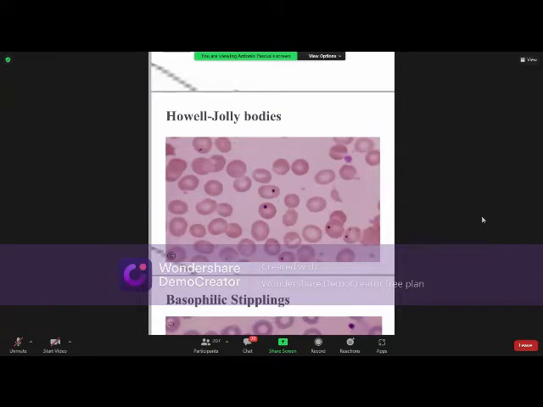Sizes. When you say anisochromia, what's the variation? Color, which reflects the hemoglobin content of your RBCs. And poikilocytes vary in shape.